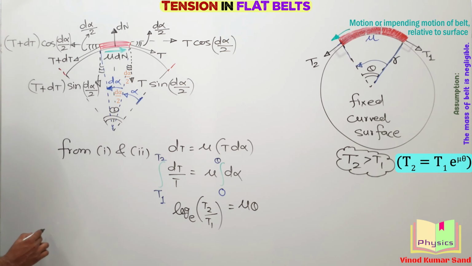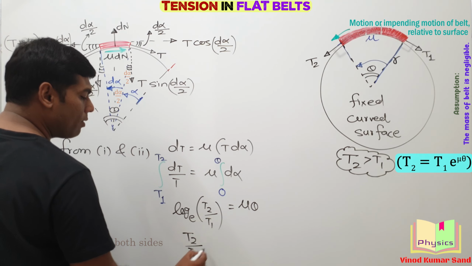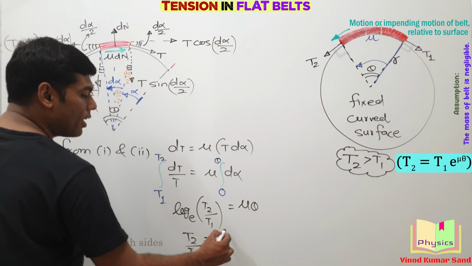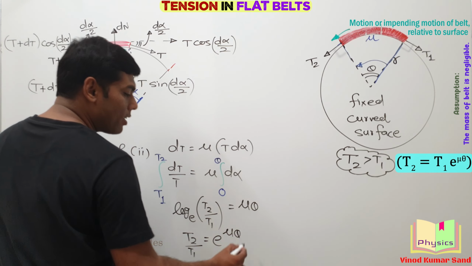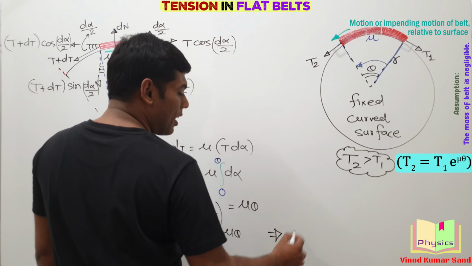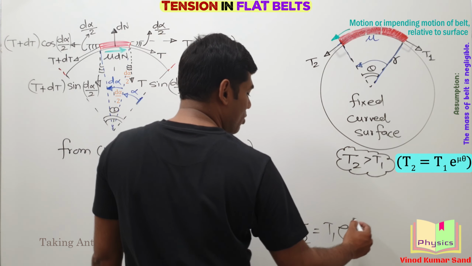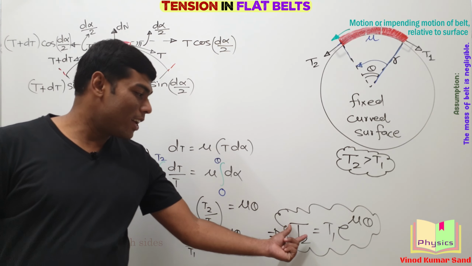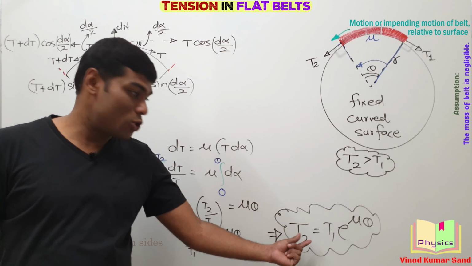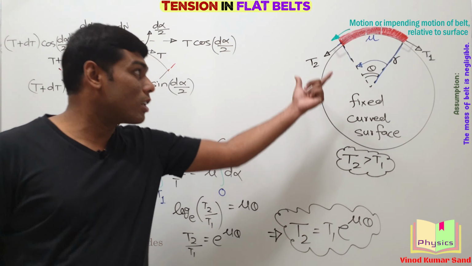And now we are taking the anti-log on both sides. So the result will be T2 by T1 is equal to e to the power mu theta. And this result can be further expressed as T2 is equal to T1 e to the power mu theta. Now T2 here is the maximum tension, T1 here is the minimum tension, the lower tension in this rope.